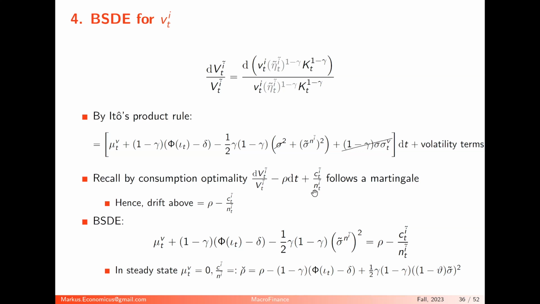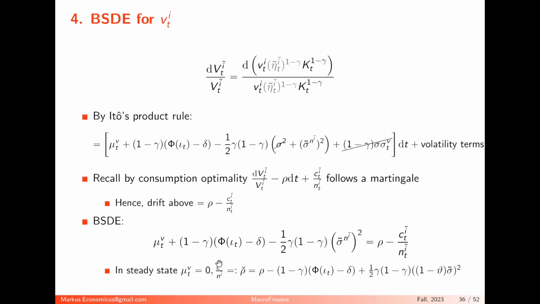What was this correction again? Remember, when you do a self-financing trading strategy, you get the dividends, you reinvest the dividends. Here, if it's total net worth, you consume out of it, you put the consumption back in. That's what this thing is. And so this thing here has to be equal to this thing here. So that's what I show here. And of course, I took this out. Why did I take this out? Because we have no aggregate risk, so sigma is not showing up.